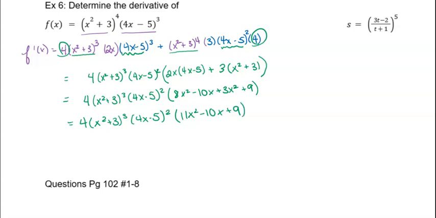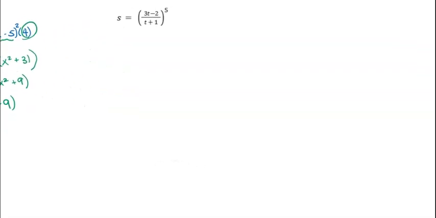Okay, let's try one more. And then there's quite a lot of homework, so you can give those a try as well. Okay, so the derivative of s. So first I'm going to bring down the exponent, write, it's t this time. Now I have to take the derivative of the inner function, which now I have to use the quotient rule.